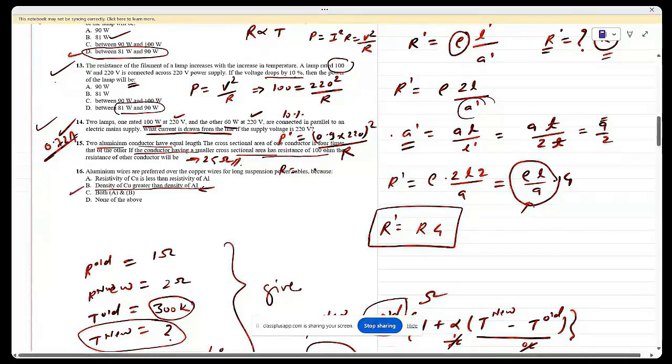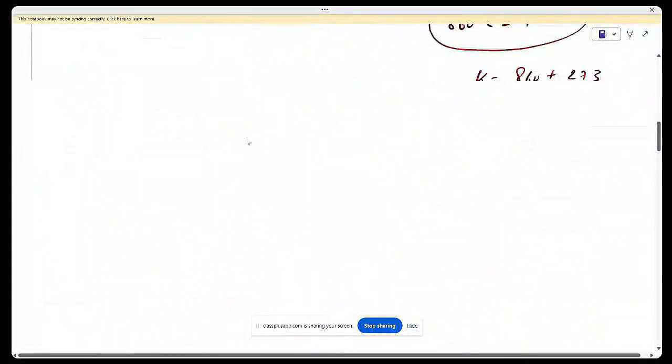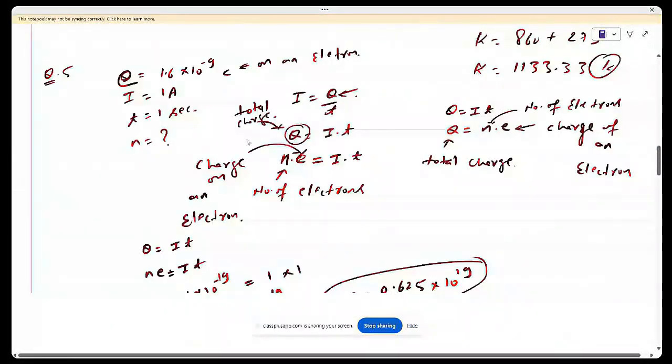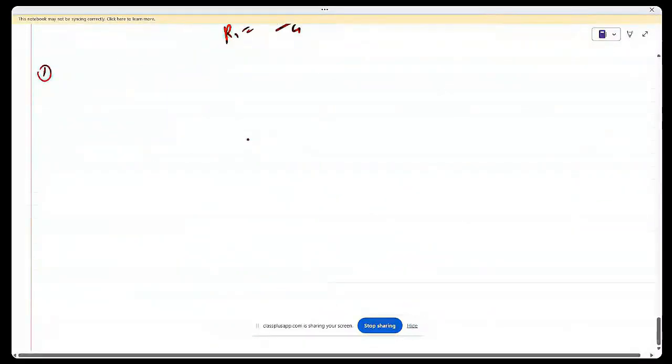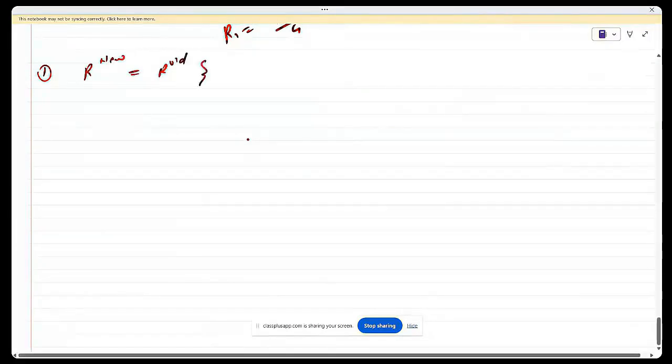Okay, so these 16 questions we have covered, and please revise these questions, whatever formulas we have used throughout. Let me summarize the formulas. Formula number one for your study purpose: R new is equal to R old into 1 plus alpha into T new minus T old.